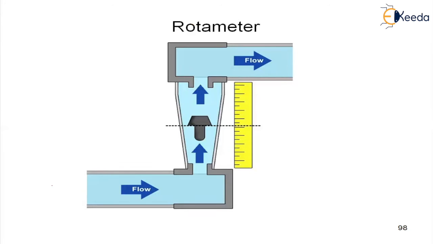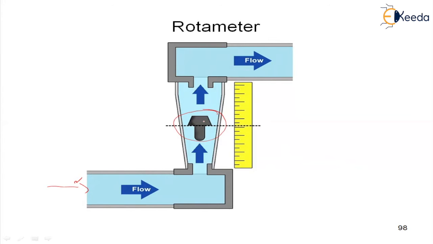What is happening: the liquid is flowing here like this. Whenever there is no liquid, this float is at its equilibrium position. But whenever the liquid is flowing here, there is a change in the position of this particular float, my dear students. Very important, you must remember.